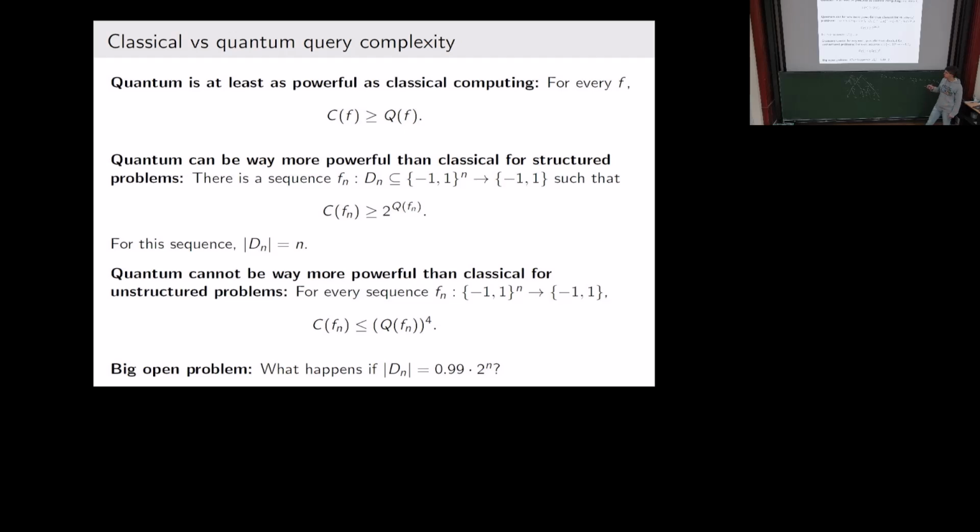Do we know if that fourth power is tight? No, I don't think it's tight. I don't remember. I guess there is a paper, a follow-up work to the sensitivity conjecture, where you can find a table comparing all the complexity measures of total Boolean functions, and you can look at the row and column corresponding to these two.